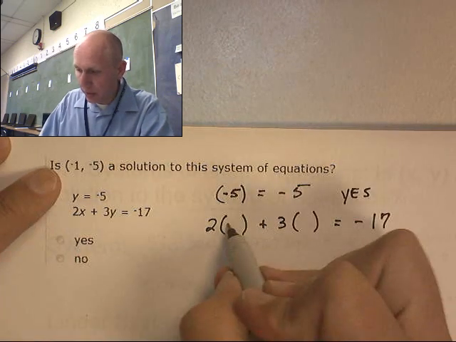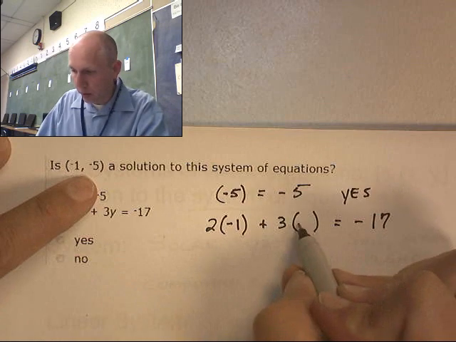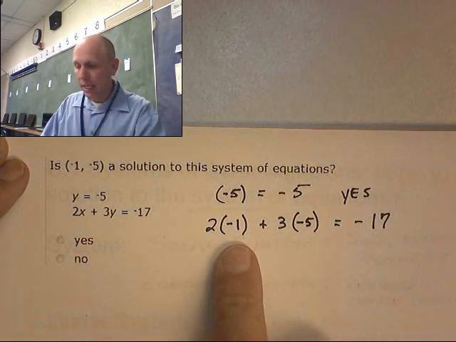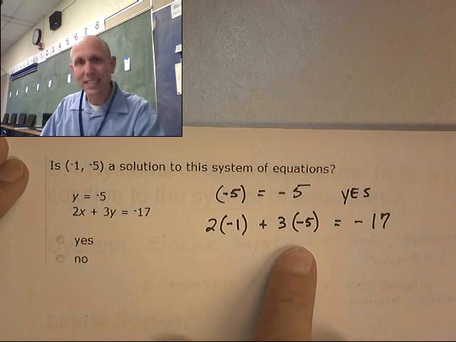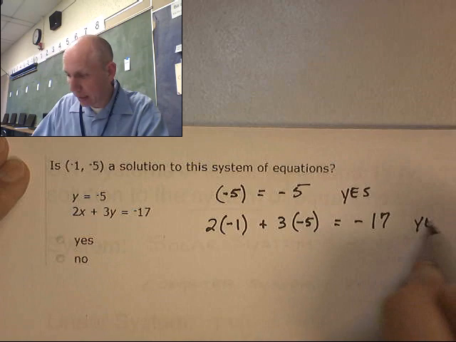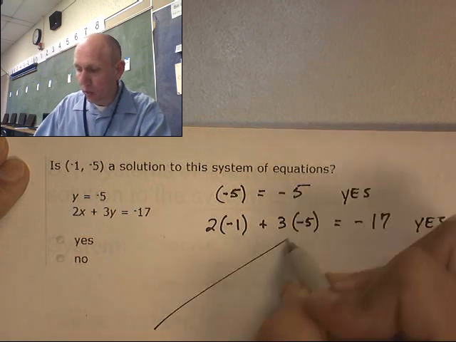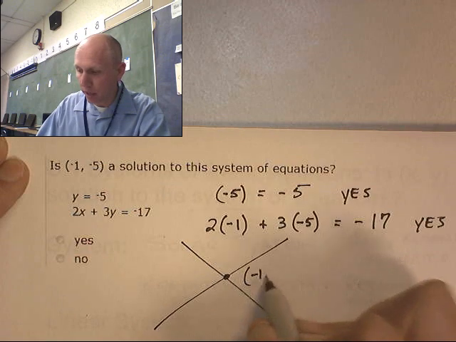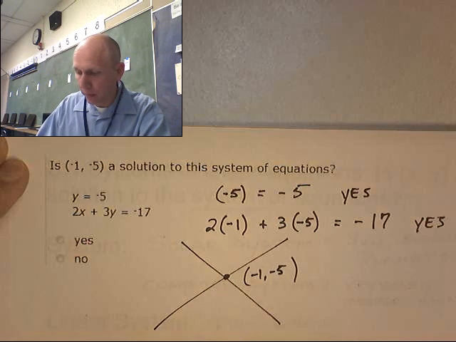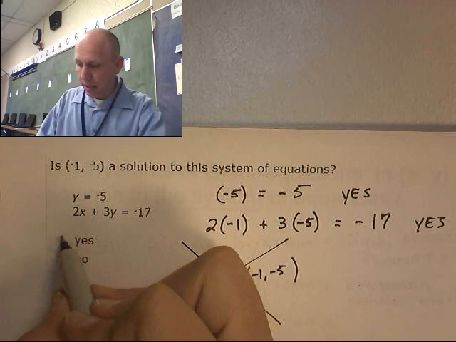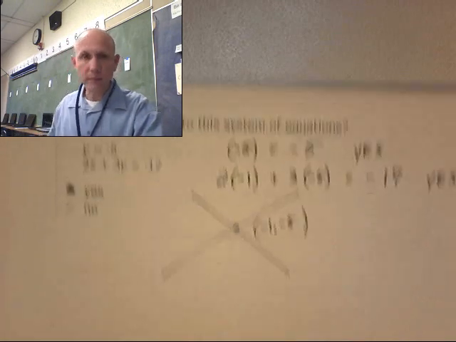I'm going to plug in the x, plug in the y. I'm going to see if this works. -2 plus -15 equals -17. Yes, this works. What that means is that these two lines come together somewhere, and they come together at (-1, -5). That's what the solution is. Yes.